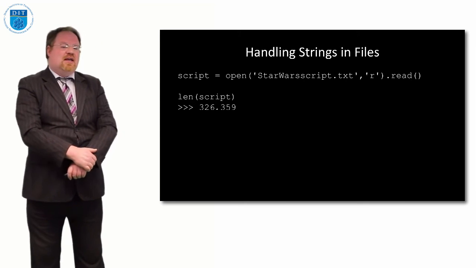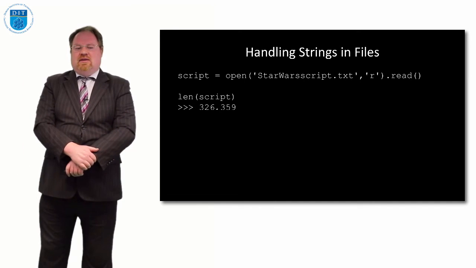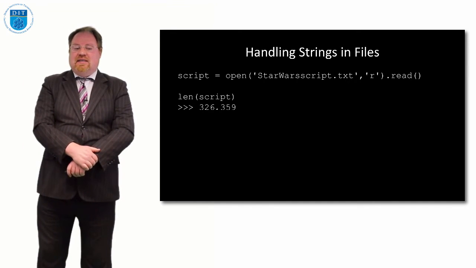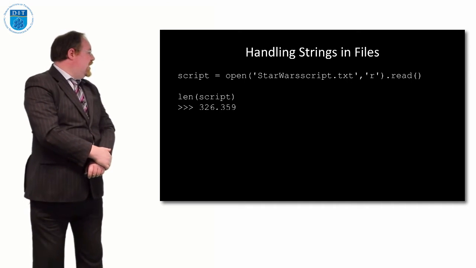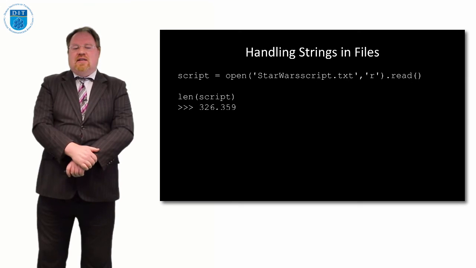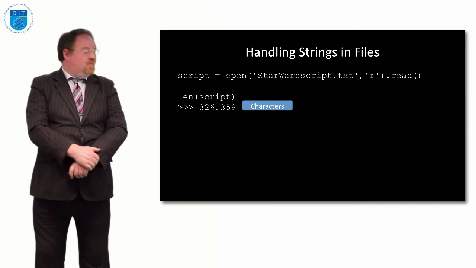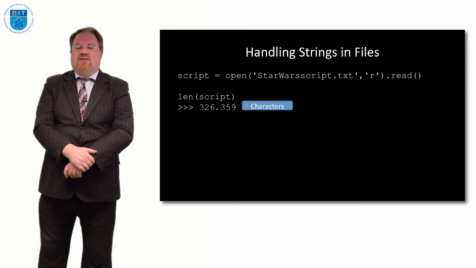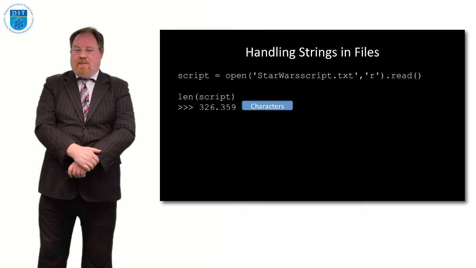Then if we say, tell me the length of that text file, what that'll give us back is 326,359, and that means there's 300,000 plus characters in that script. Characters, individual letters.